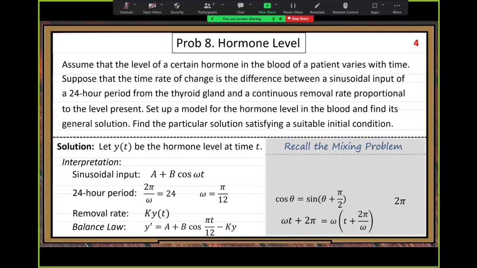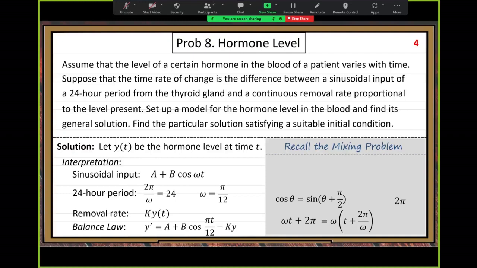You have y prime, the rate of change of the amount of salt, equals the inflow rate minus the outflow rate.